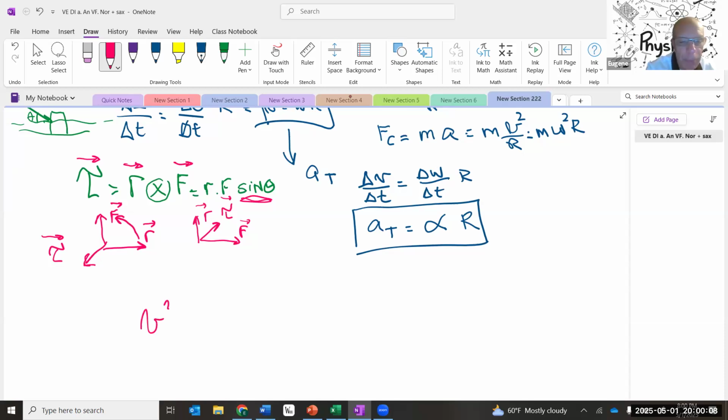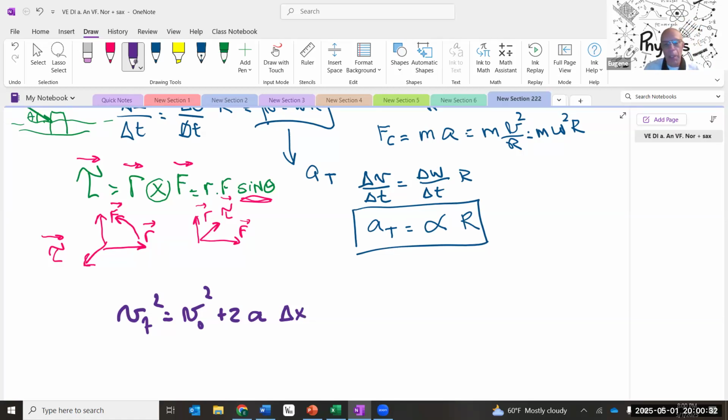From that formula that I showed right at the beginning, I'm going to write now with a different color: Vf squared equals V0 squared plus 2a delta x, the distance there.